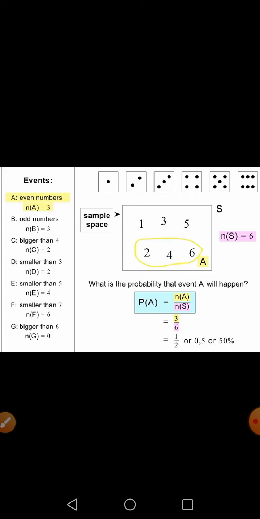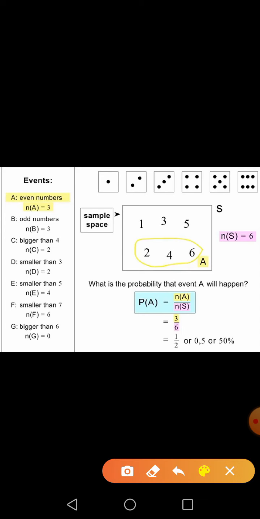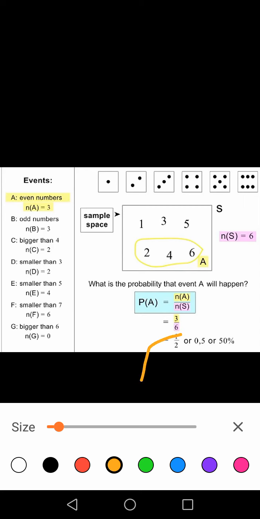Amazing, 3, over the number of all outcomes, the sample space, like I named it NS, which will be 6. So I can simplify it to get 1 over 2 or 0.5 or 50%. As you must know, I can write the answer as a fraction, a decimal, or a percent.